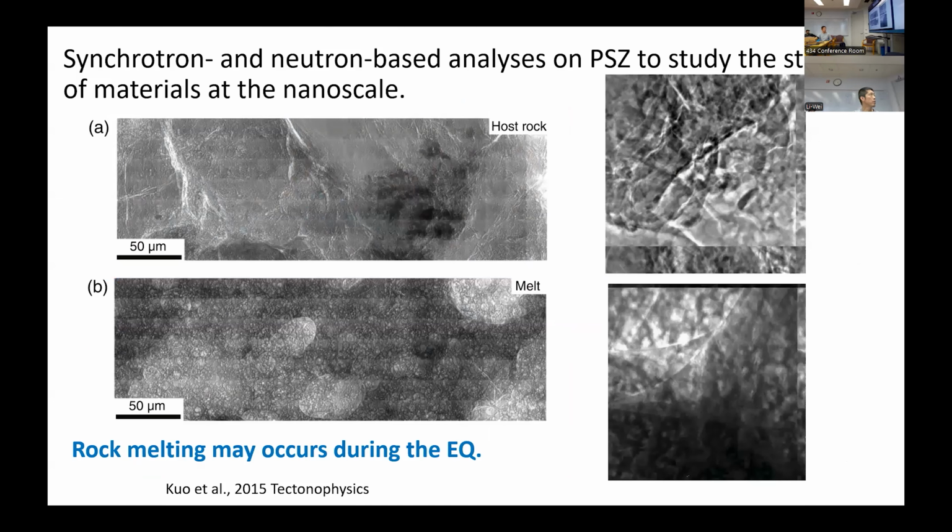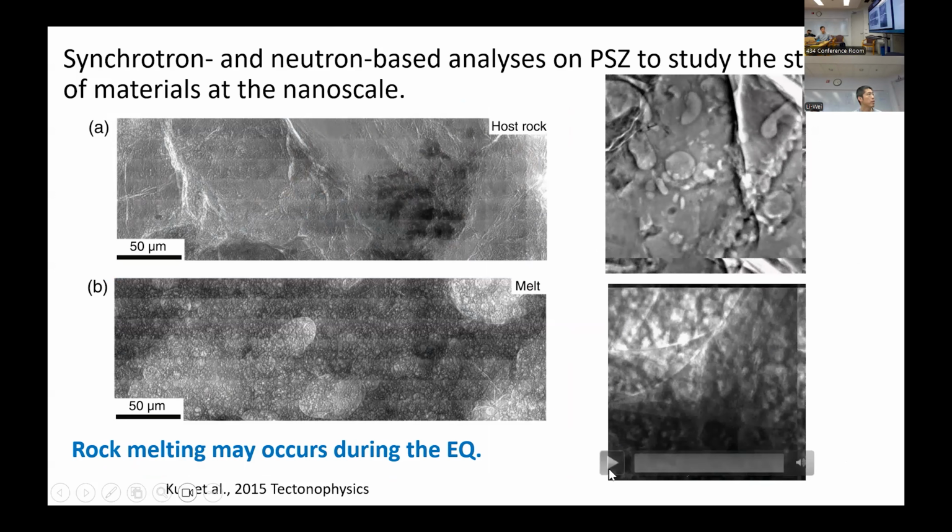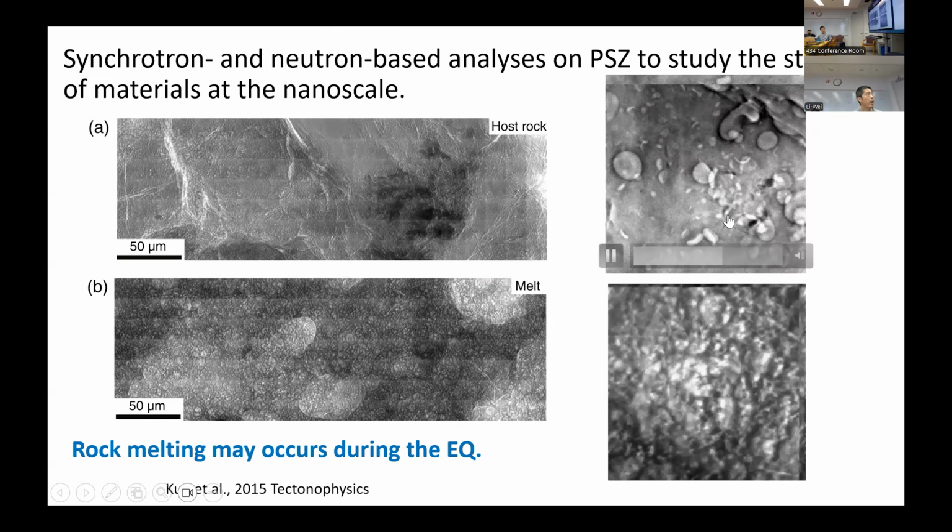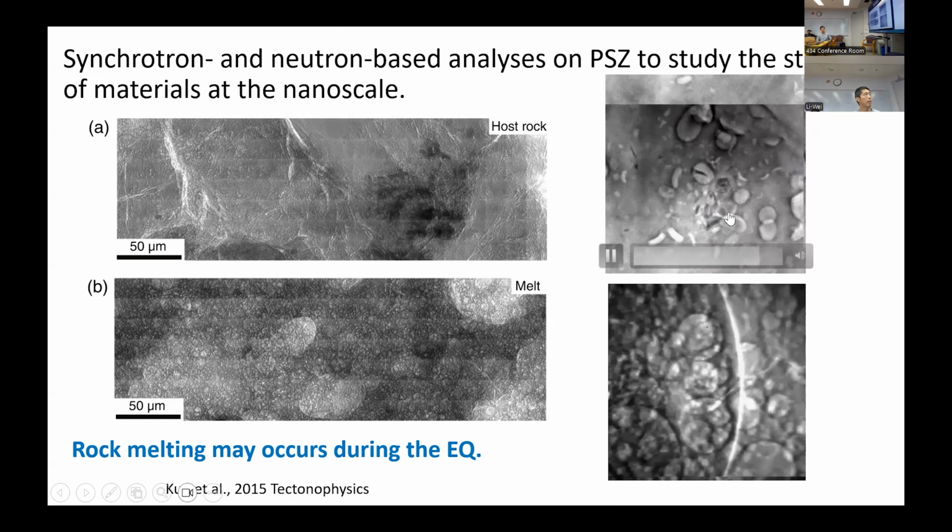And then we also do some tomography of the melt rock. This sample is from a rock cylinder, and we melted it by a rotary shear experiment. After the experiment, we try to compare the tomographic image with the natural one. The upper part is the product from the principal slip zone, and the lower part of the image is the product we observe after the experiment.